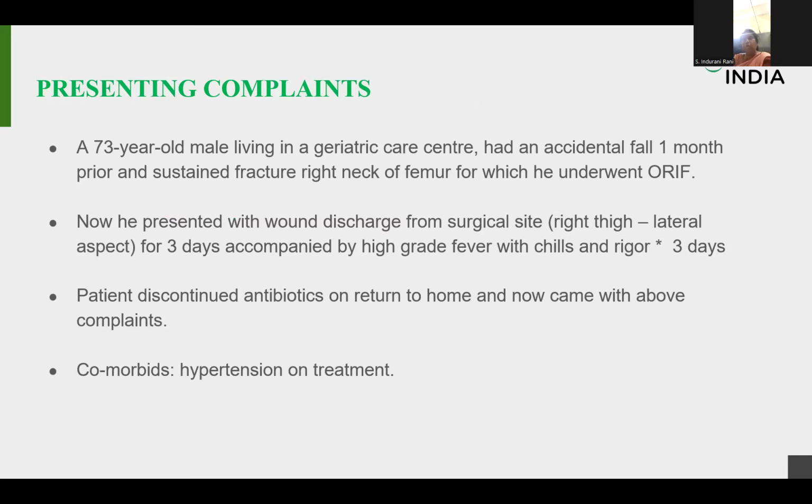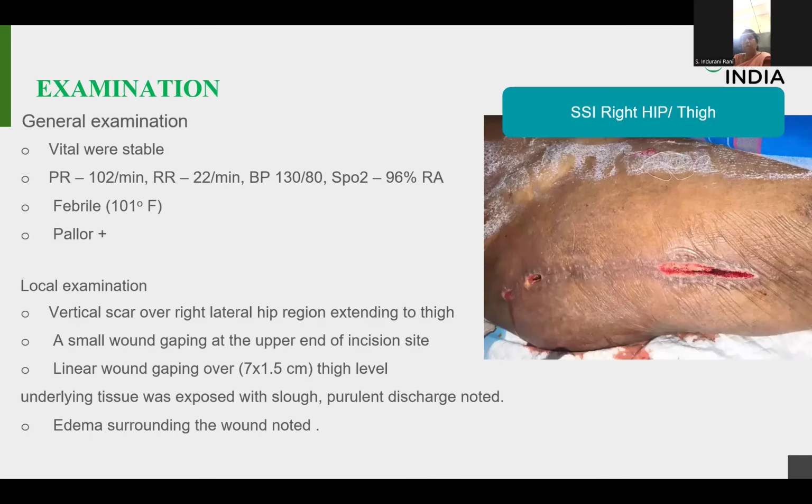Comorbid hypertension on treatment. On examination, general examination, vitals are stable. Pulse rate 102, respiratory rate 22 per minute, BP 130/80, SpO2 96. He was febrile, 101-degree temperature.